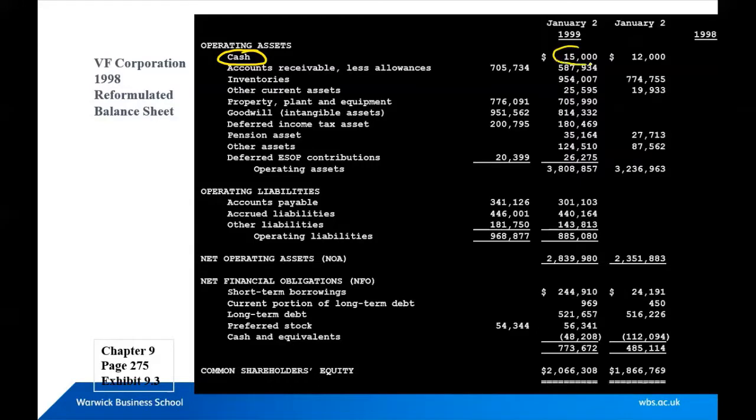And you see this amount is bigger than 10,000. So the total amount is not considered as operating asset. Rather, 10,000 is considered as operating asset. So we'll discuss more about the reformulation of the balance sheet in the next class. It is too much today to absorb. Okay.